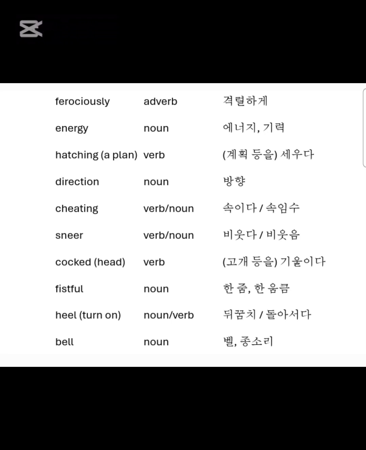To make a plan, to hatch a plan, to carry out your plan. Direction, noun. Cheating, verb. Don't do that. Sneer, a verb. Cocked head, verb. Fistful, noun. Heel, noun, verb. And a bell, ring my bell, is a noun. Alrighty, let's get ready to read.